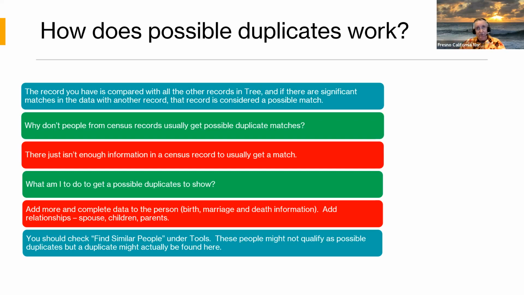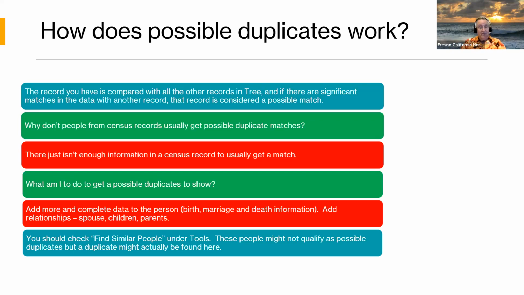It's a 5-point system. It has to qualify at a 4-point level to even be called a possible duplicate. Now, why don't these census records get duplicates? The problem with census records is there's just not much information there. And without much information, they're not going to register many matches.